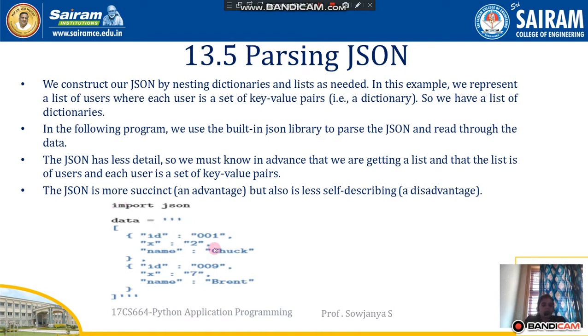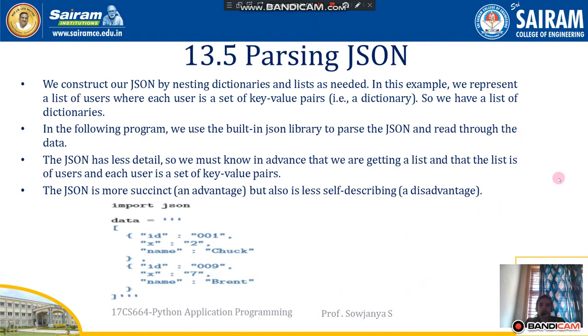This JSON has less detail, so we must know in advance that we are getting a list, then the list is of users, and each user is a set of key value pairs. So this JSON is more succinct, which is an advantage, but also less self-describing. That means more description is not provided, which makes it more difficult for users to read. So this is how we can write similar code using string notations.